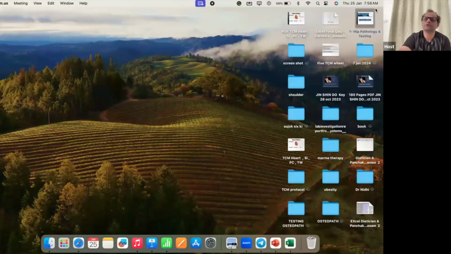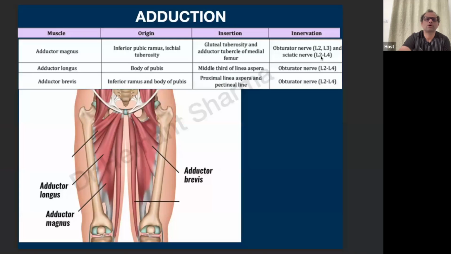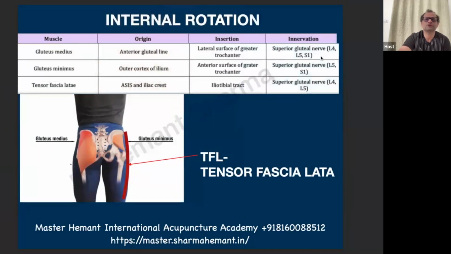So that is the movement of internal rotation. Internal rotation is done by gluteus medius, minimus, and tensor fasciae lata. Just we have discussed. Supplied by superior gluteal nerve.